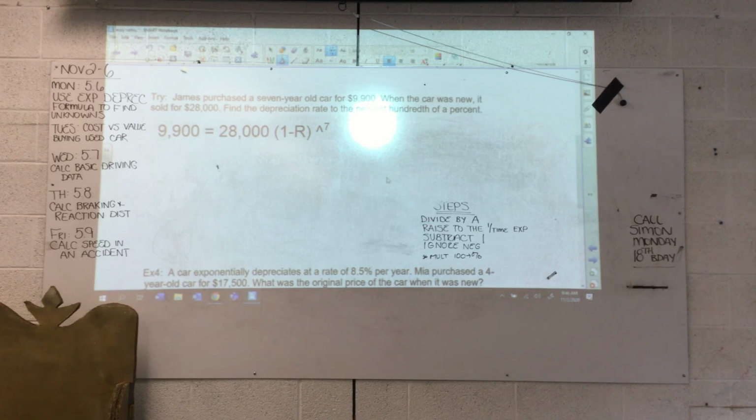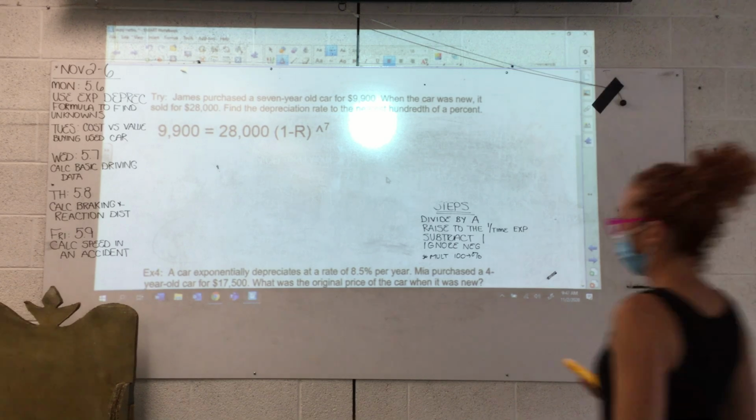You did the 1/7, and then you did the answer times 100. In between this line and this line is a minus 1 step. If you do it to one side, you gotta do it to the other side.